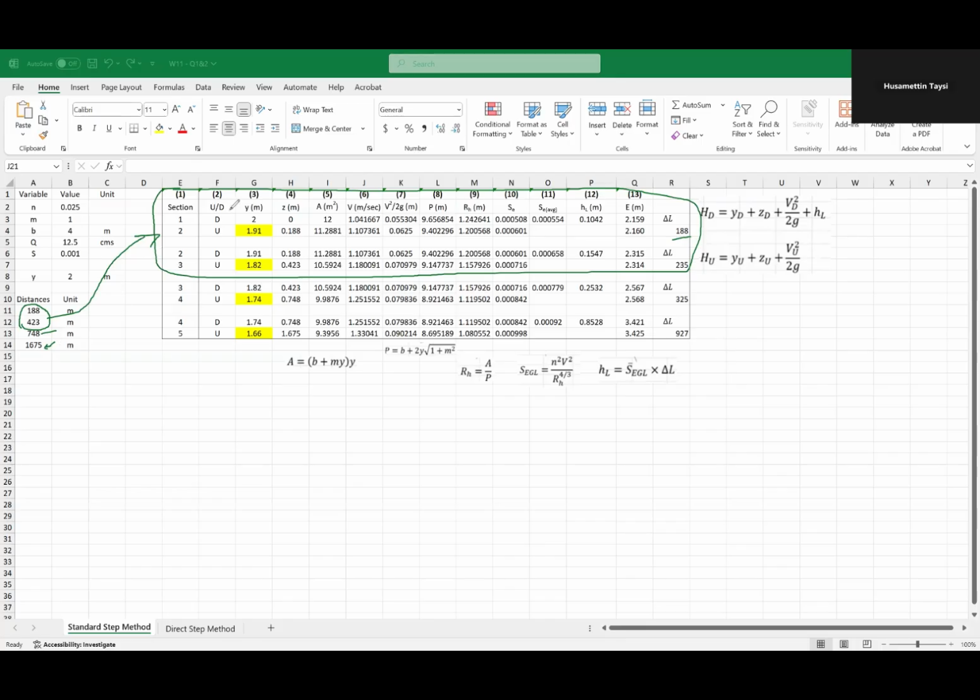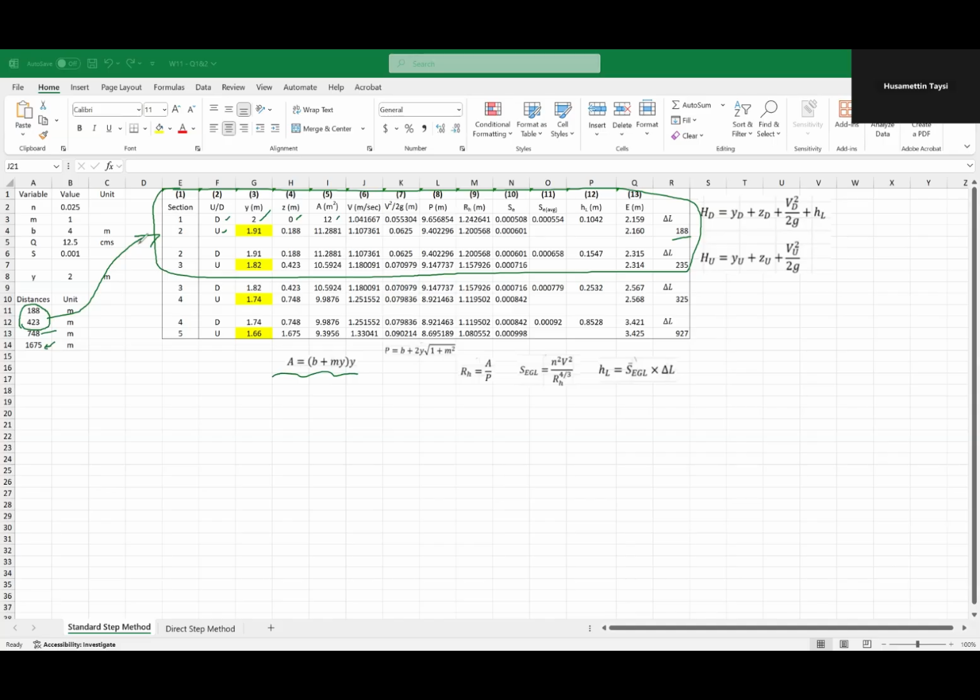So basically, we have 13 different columns. We have downstream, we have upstream. The example says that the downstream depth is 2 meters, and we are taking this as the reference, which is the distance. If we use this equation, since this is trapezoidal, we can calculate area as 12, for example.